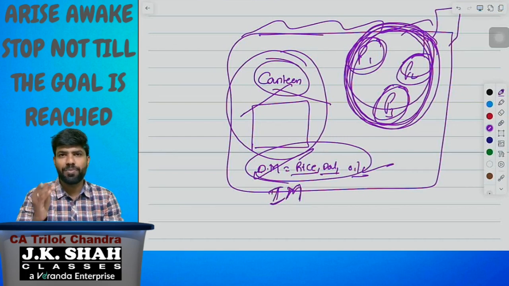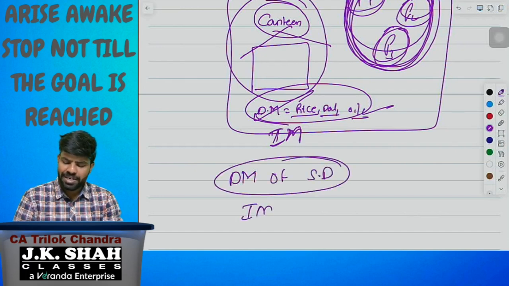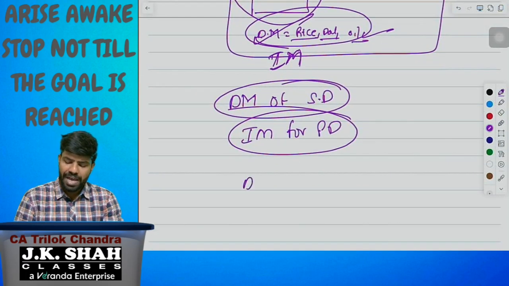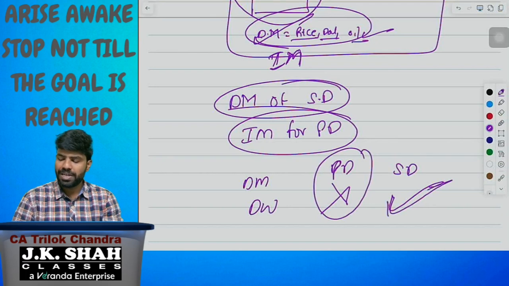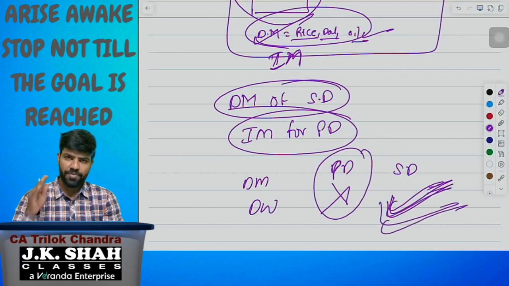So what I mean to say, direct material of service department will be considered as indirect material for production departments. So if they give you direct material, direct wages, don't take it for production departments, but consider it for service departments. According to production department, it is an indirect material, indirect wages. All of you clear about this?